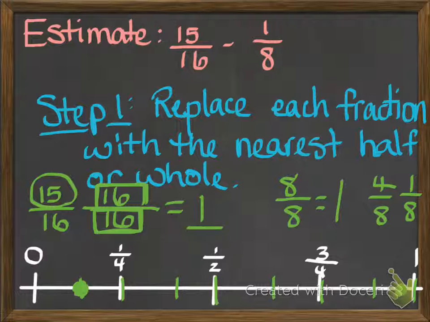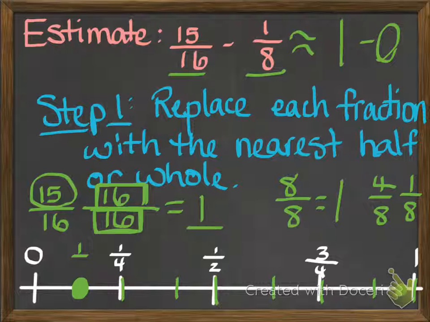So I'm going to replace 15/16 with 1. And I'm going to replace 1/8 with 0, because this number 1/8 is much closer to 0 than it is to 1/2. And 15/16 is much closer to 1 than it is to any other fraction.